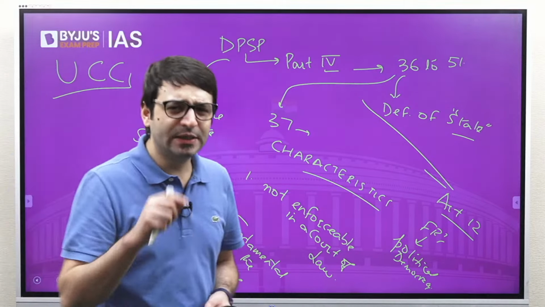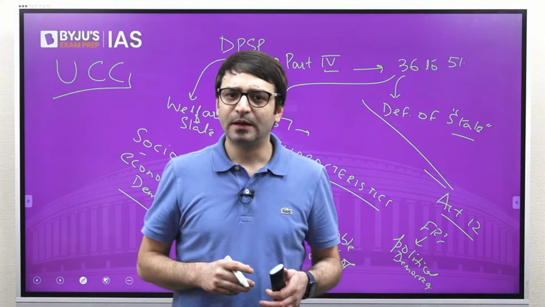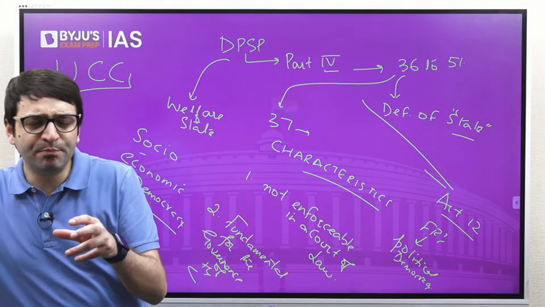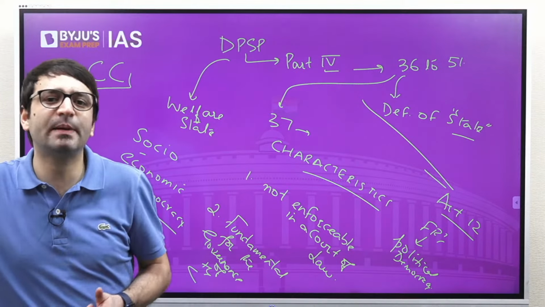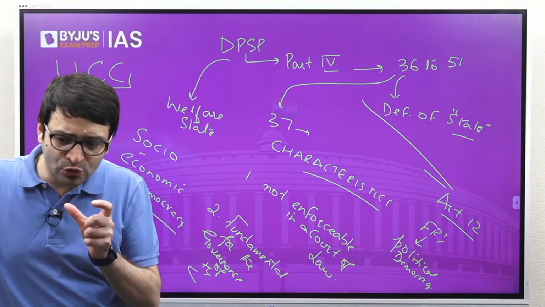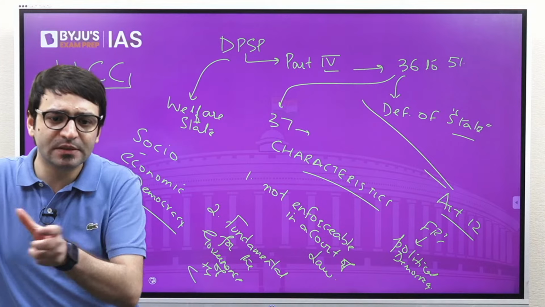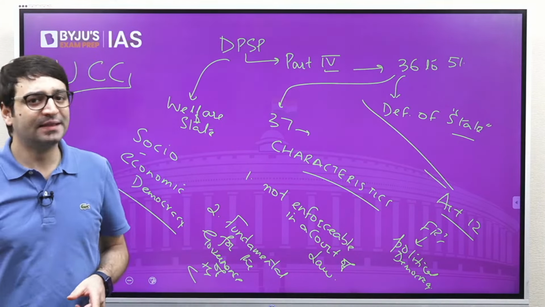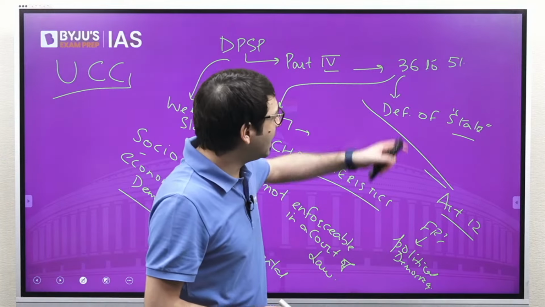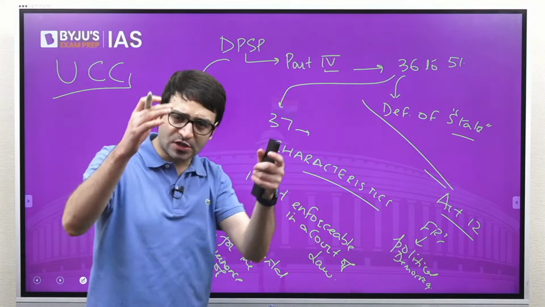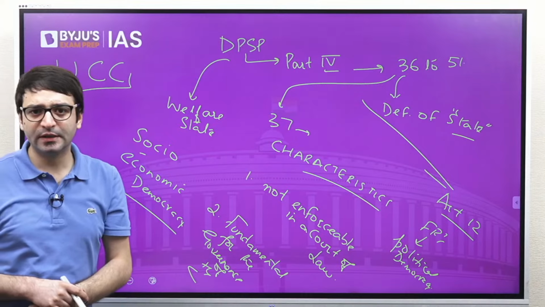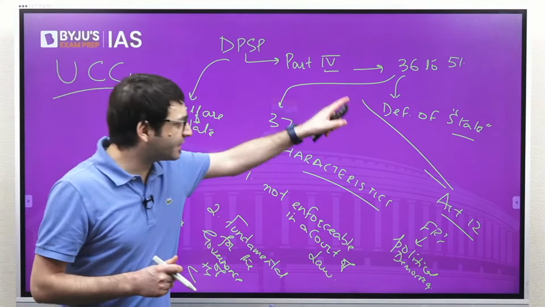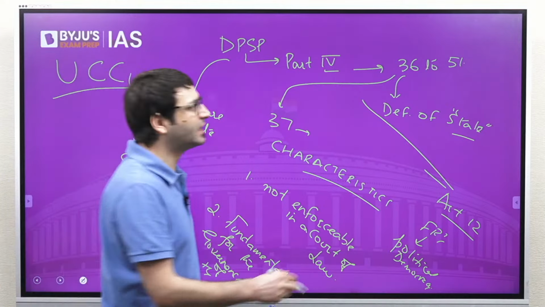One more confusion that some of the students have after reading Lakshmikant, they start believing and feeling that DPSPs have been categorized by the Constitution into liberal intellectual principles, Gandhian principles, socialist principles. That's not the case. Article 36 to 51 talks about Part 4 of the Constitution. Article 37 talks about these characteristics. Article 36 talks about the definition of the state.